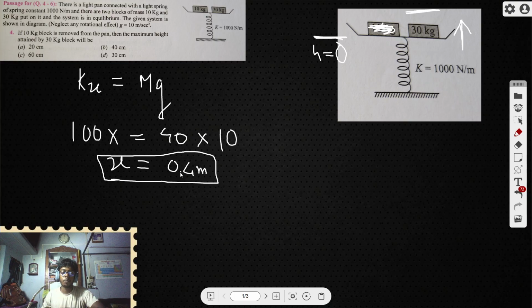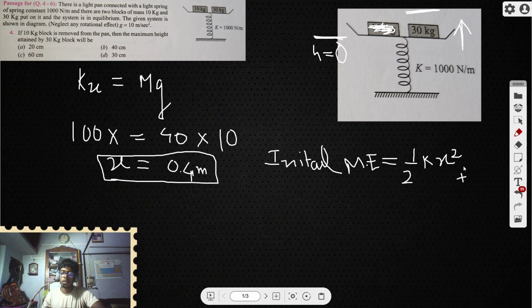The initial mechanical energy will be half k x squared plus the potential energy mgh, and since we have taken h equal to 0, that term becomes 0.